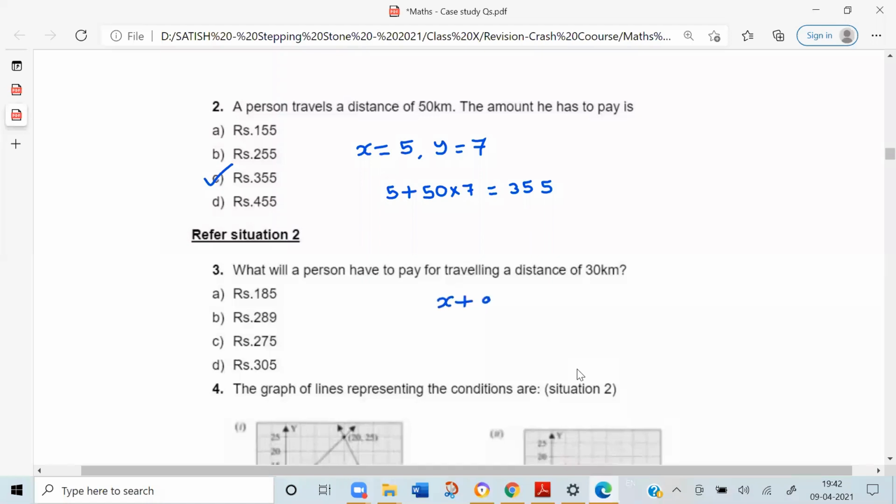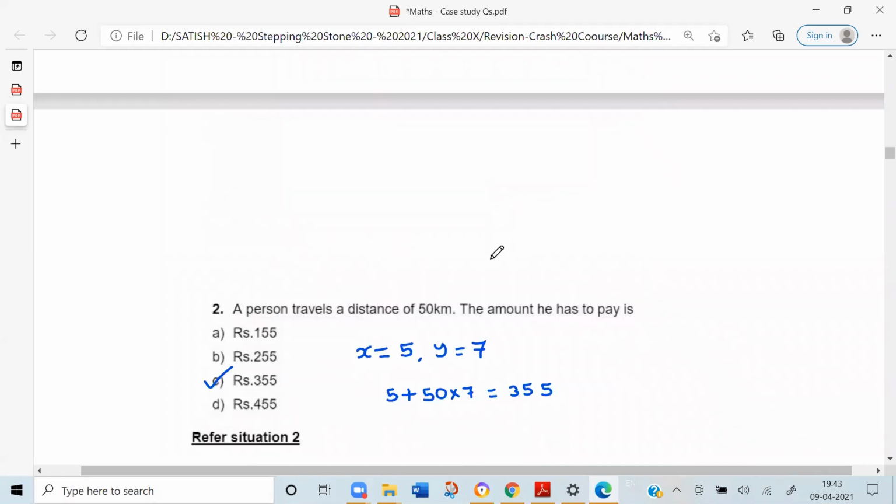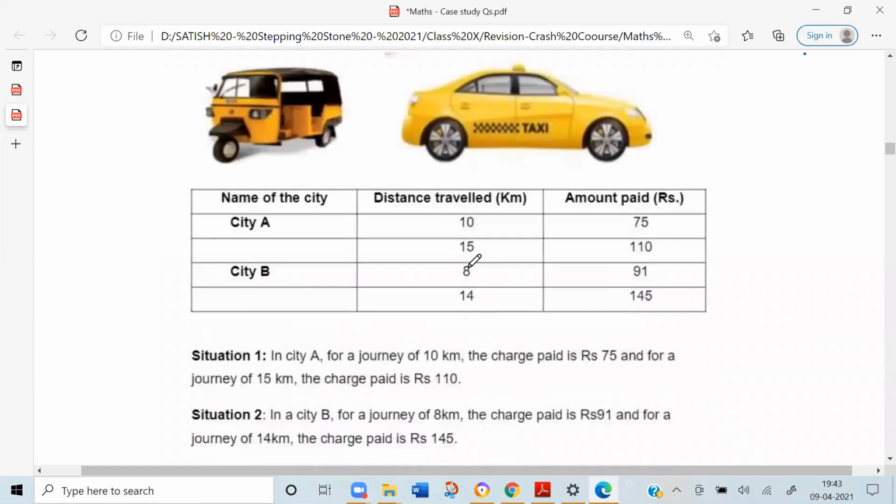Correct. Whoever has not noted down, you can check once again. For the situation 2, 8 and 14, 91 and 145.